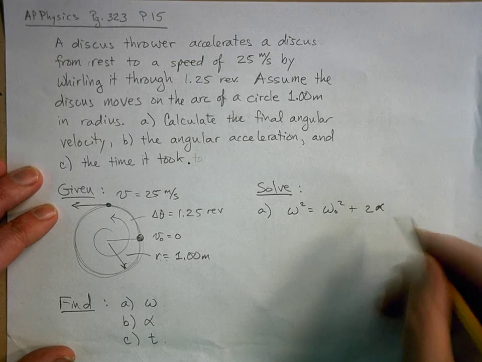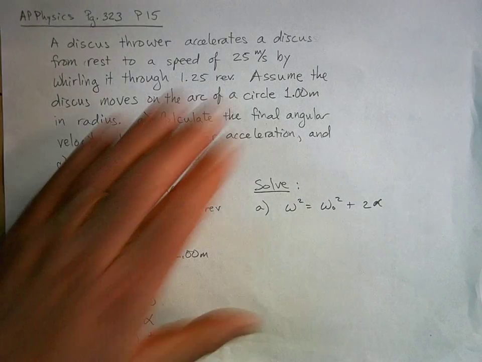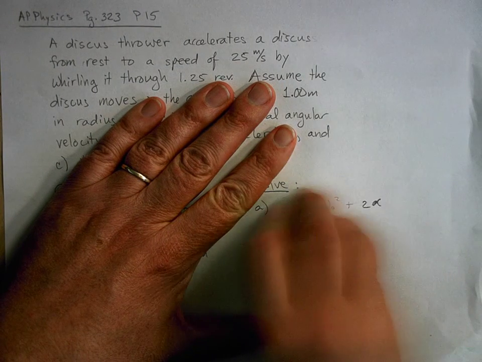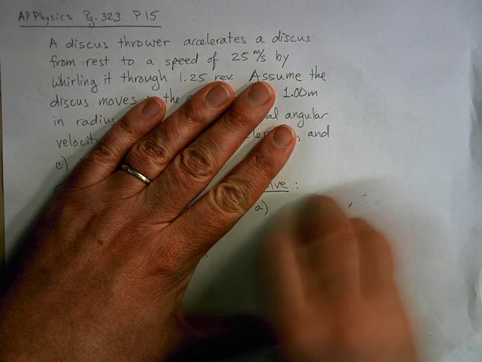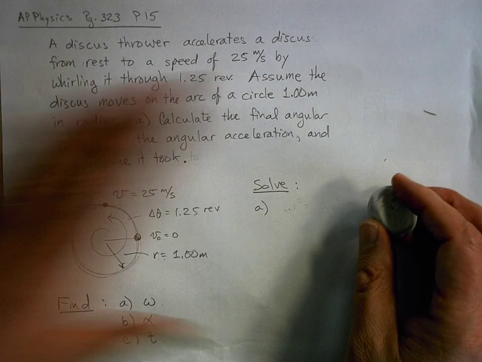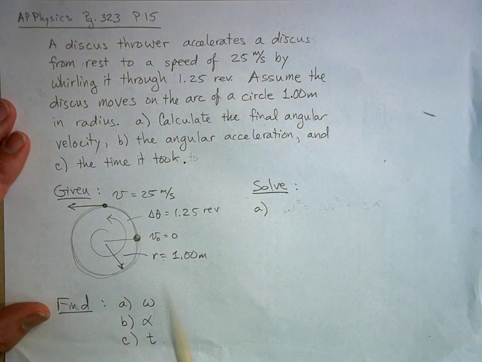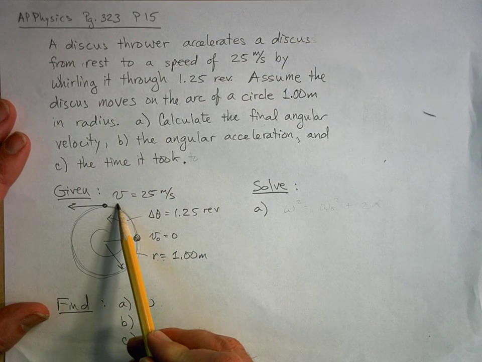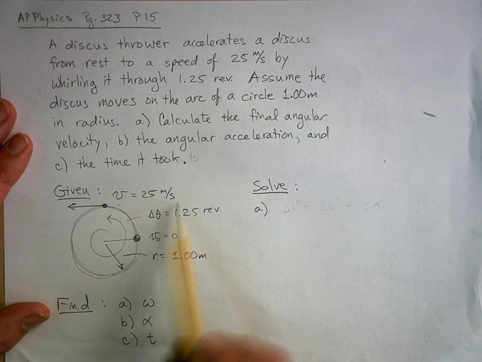Oh, wait, I don't need to do that. Hold on. I'm sorry, I forgot what's given. The final linear velocity is given, 25 meters per second.